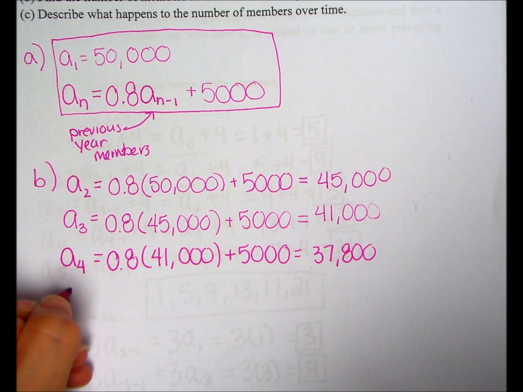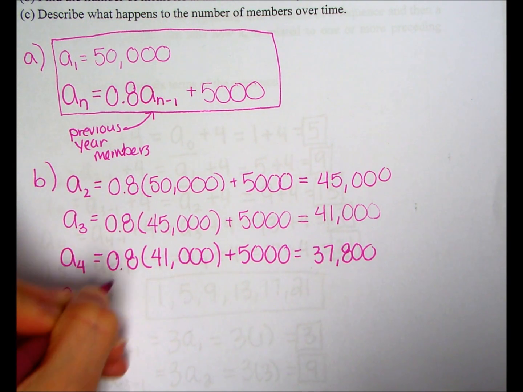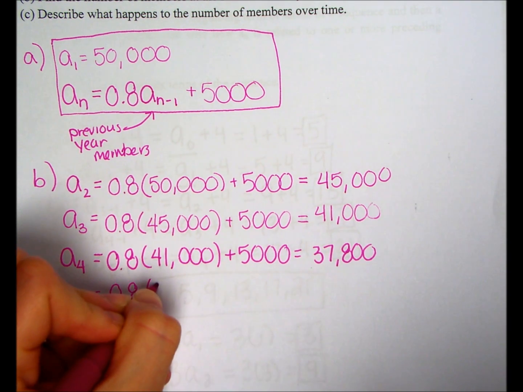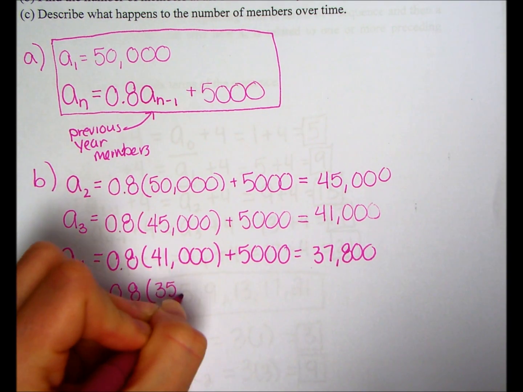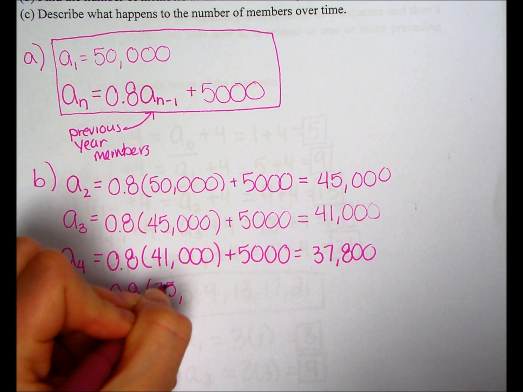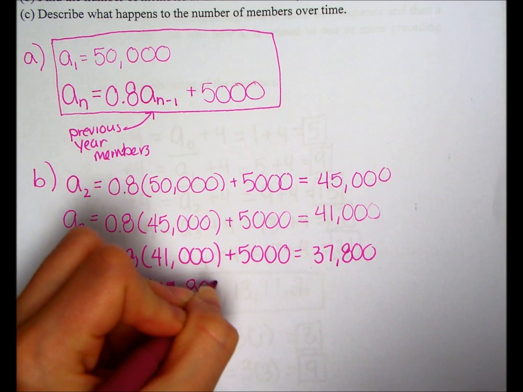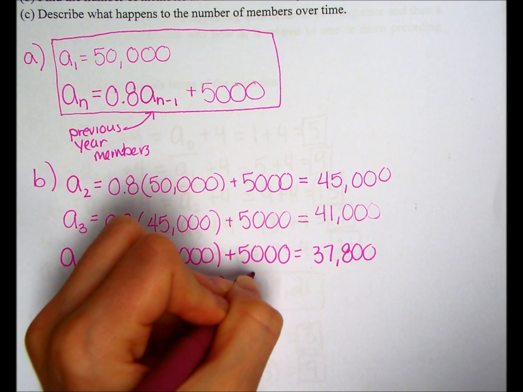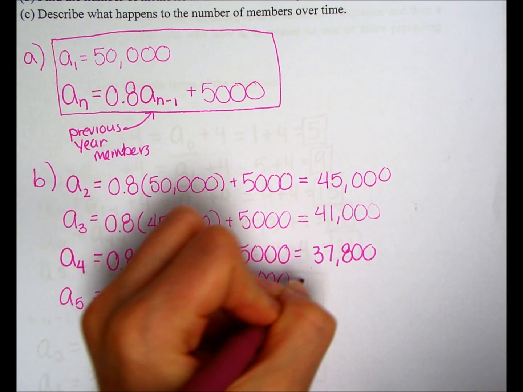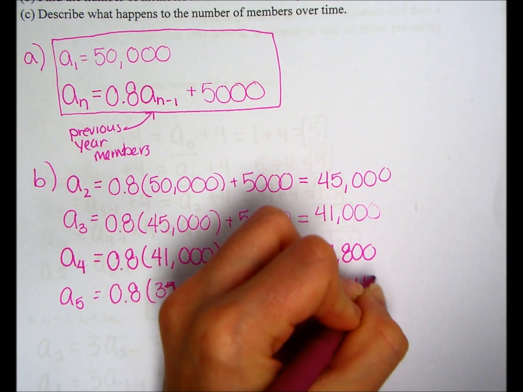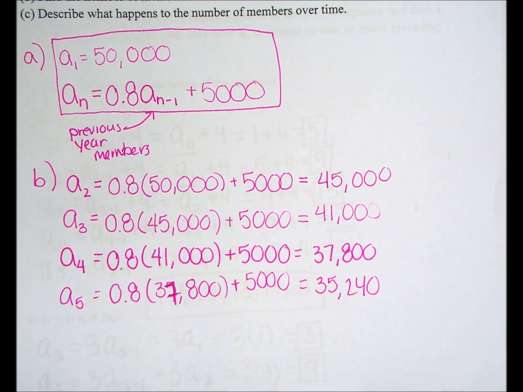And then finally, my 5th year, 0.8 times what I got previously in the 4th year. 37,800 plus 5,000. I'm sorry, I was writing down the answer. And I get 35,240. So like an iteration like we did on the other page, using our recursive rule.